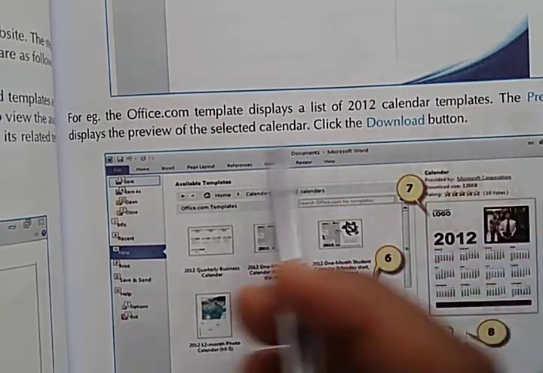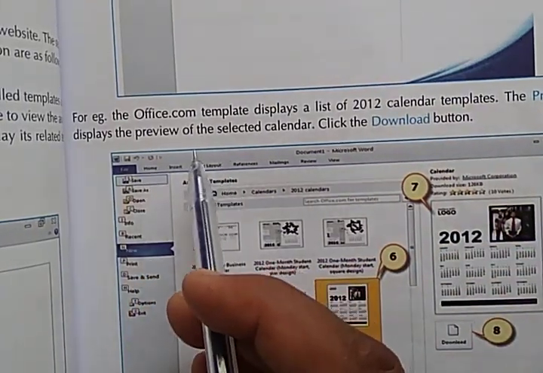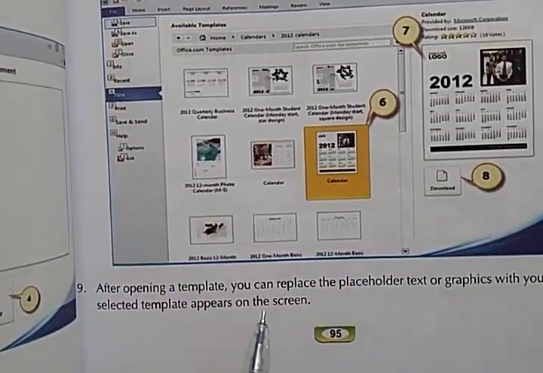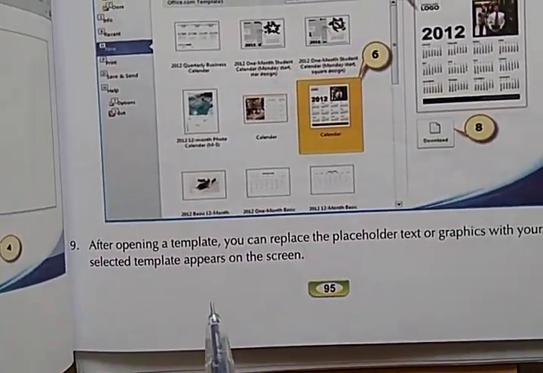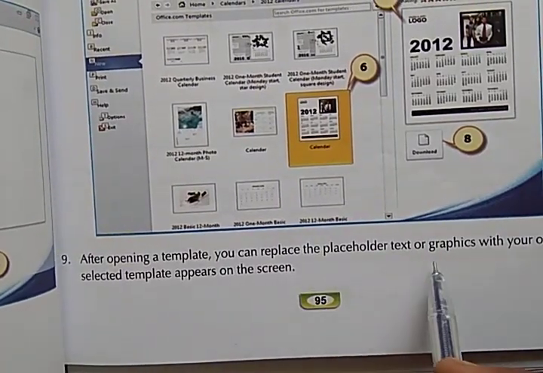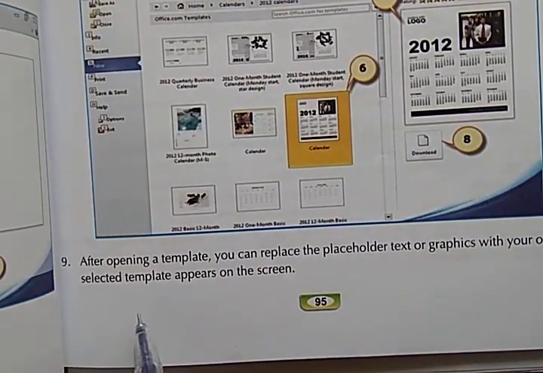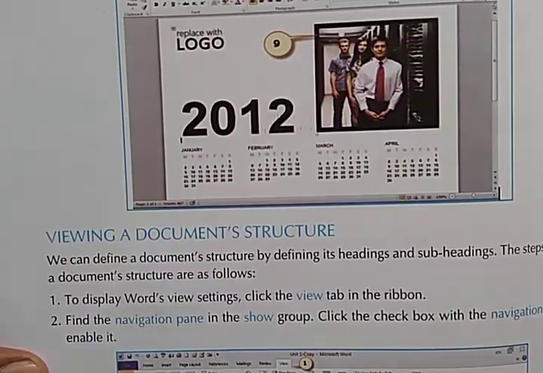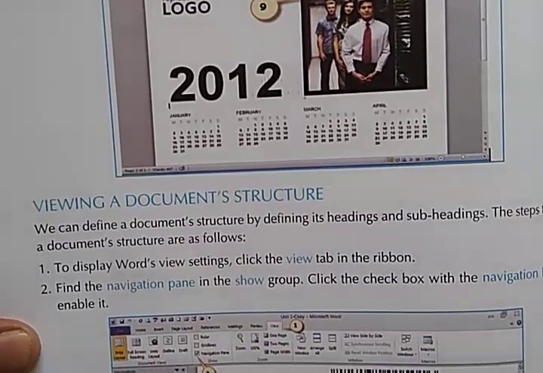The preview area displays the preview of the selected calendar. Click the Download button. After opening a template, you can replace the placeholder text or graphics with your own. The selected template appears on the screen as shown in this picture.